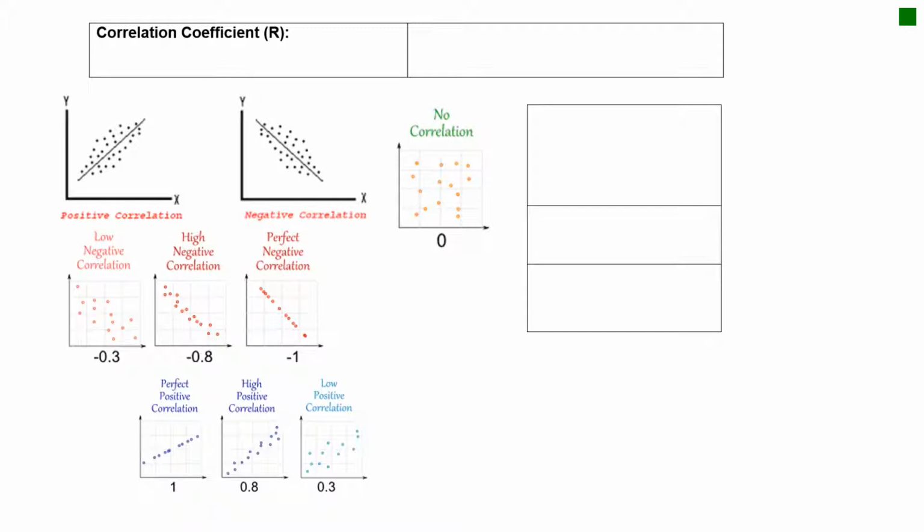Okay, the correlation coefficient. The correlation coefficient, first of all, we're going to use the variable capital R for the correlation coefficient. It is a value that shows how close data points are to a line.